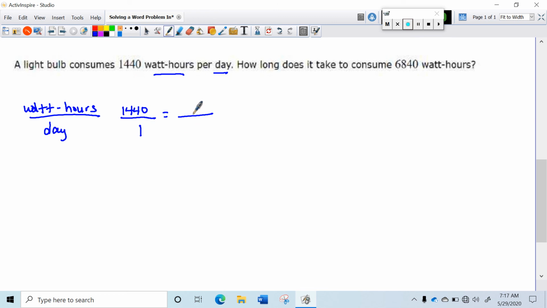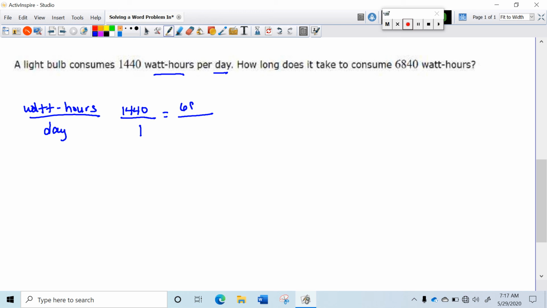So we need time, I guess. How long does it take to consume 6,840 watt hours? Okay. I need to clear my coffee, I guess.